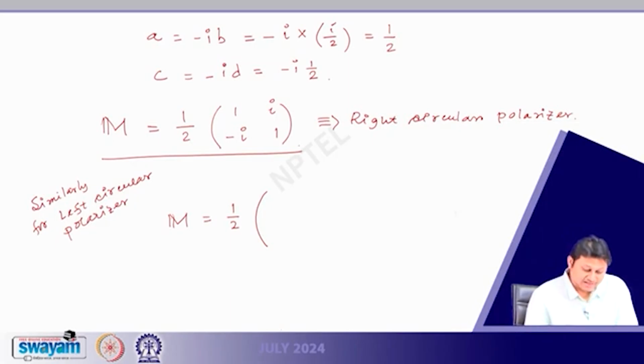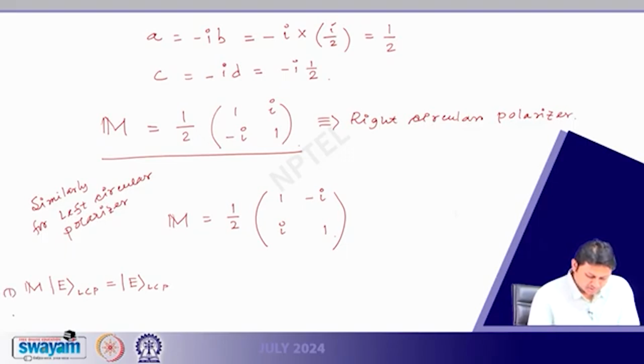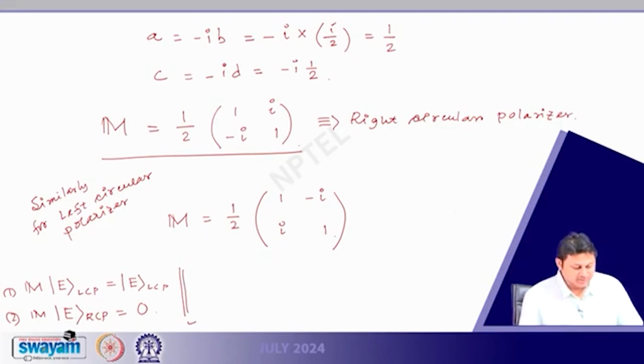The conditions are put exactly the same way: M operating over left circularly polarized light will produce left circularly polarized light, that is condition 1, and condition 2, that M operating over right circularly polarized light gives 0, because it is orthogonal to left circularly polarized light.